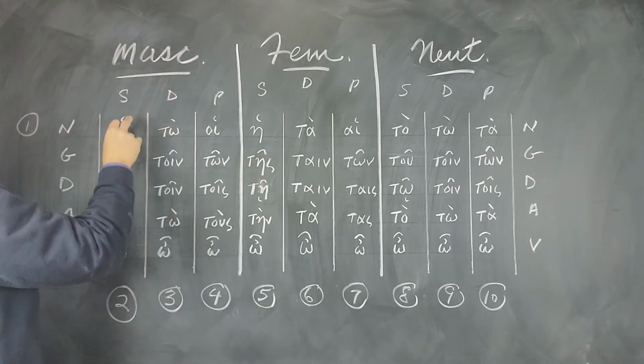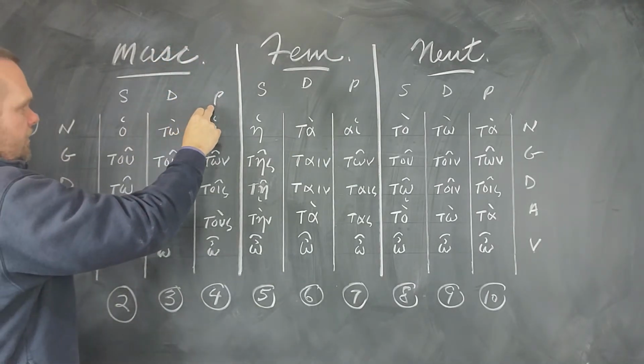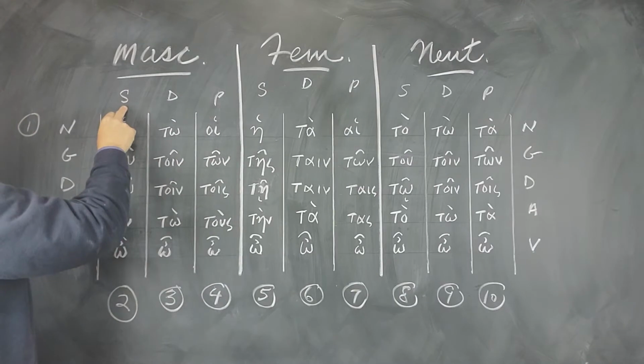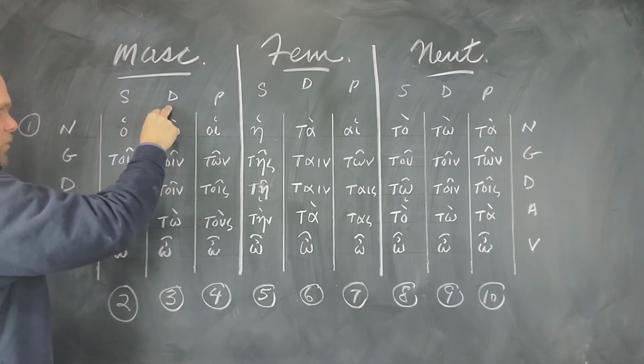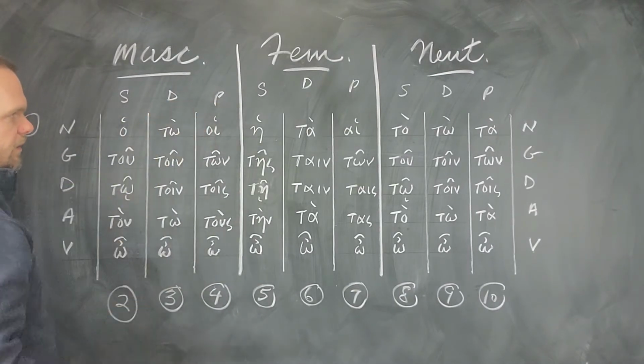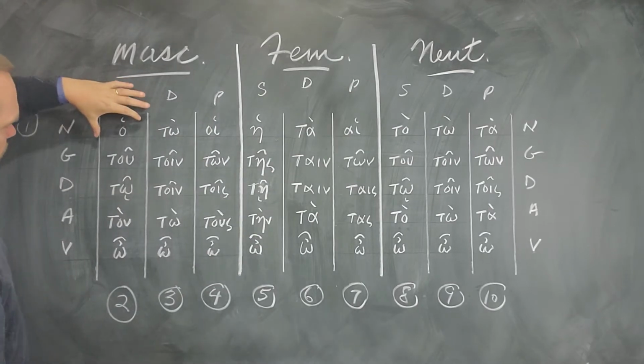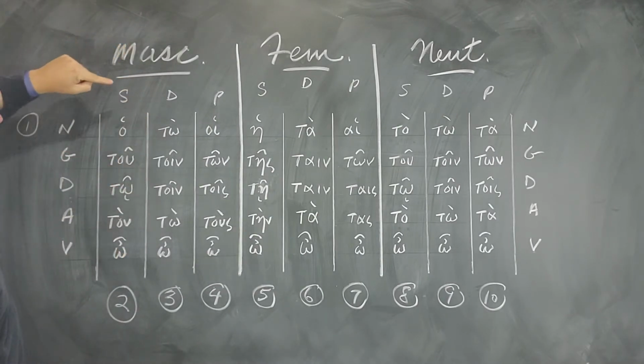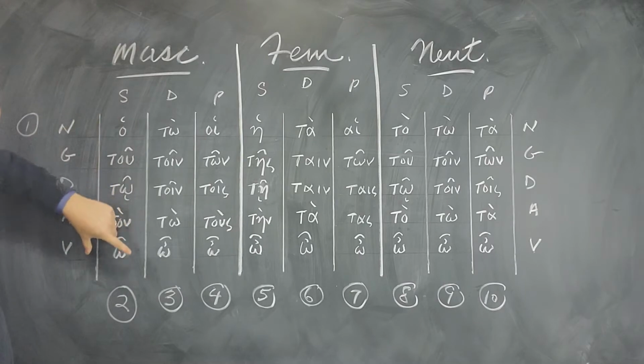Under each of the genders, you see S, D, and P, and that's singular number, dual number, and plural number. So this first column here is the masculine singular forms of the article.